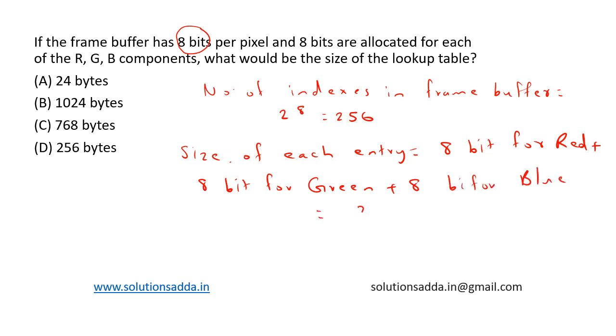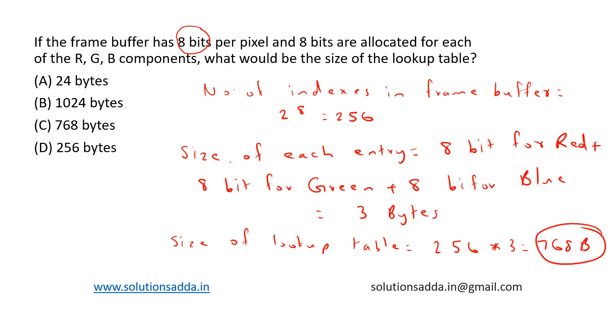So in total we have 3 bytes. So the size of the lookup table is equal to 256 into 3, which is equal to 768 bytes. Based on the options, option C is the right choice.